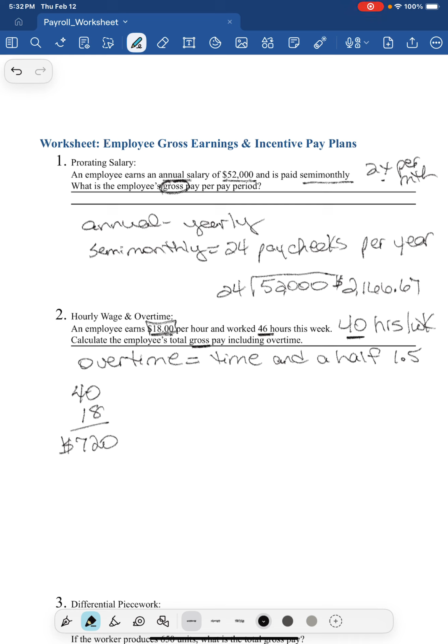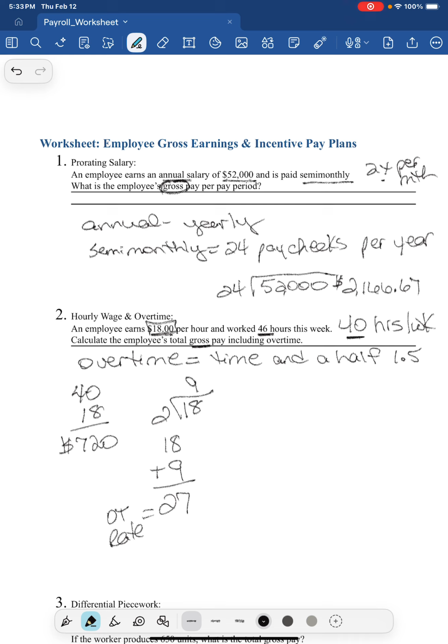And let's go through the steps, even though you can probably eyeball that. If you divide 18 by 2, because you need to figure out what half of it is, you get 9. If you add 18 and 9, you get 27. So their overtime rate is going to be equal to $27 an hour, okay?